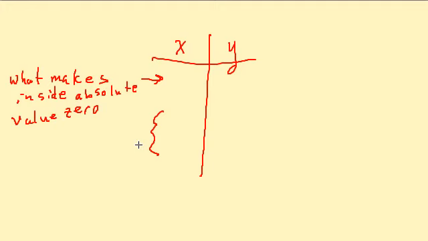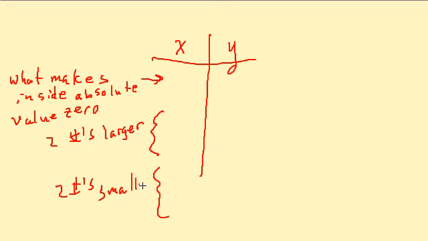And then for the next two x values you pick, you want to pick two numbers larger, and then for the next two you want to pick two numbers smaller.